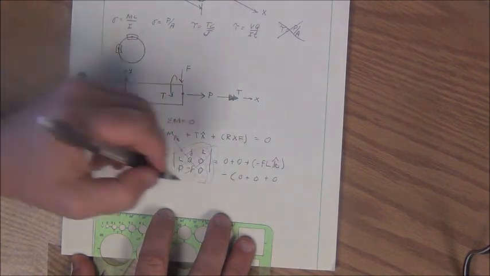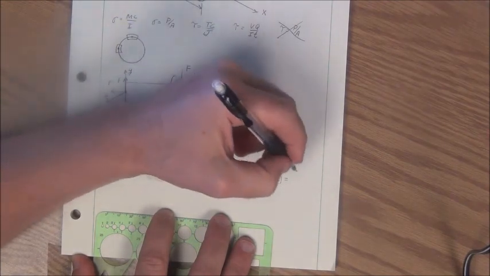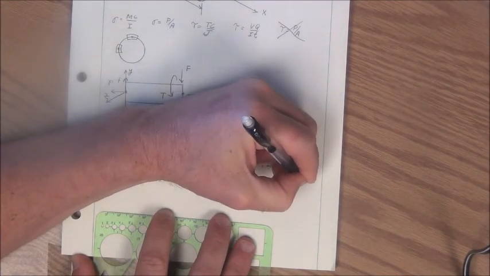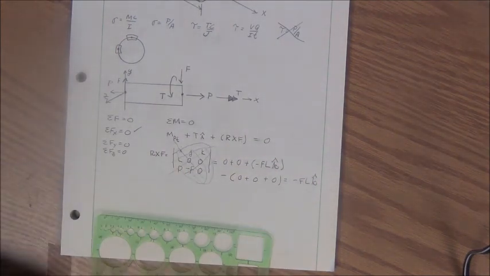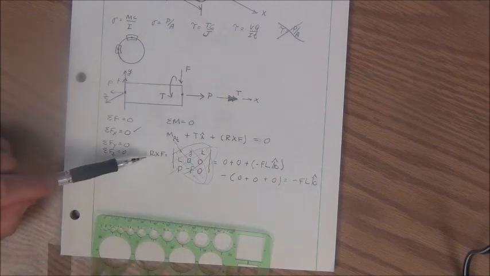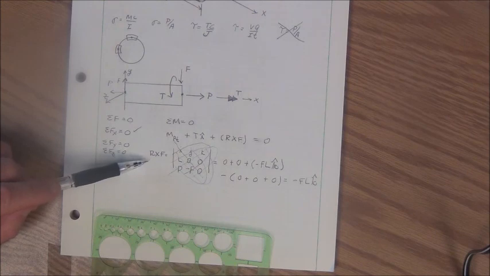So my R cross F reduces to minus FLK. Now this could have been done in our head as well, but in more difficult problems, this cross product approach will save you from making a lot of mistakes.